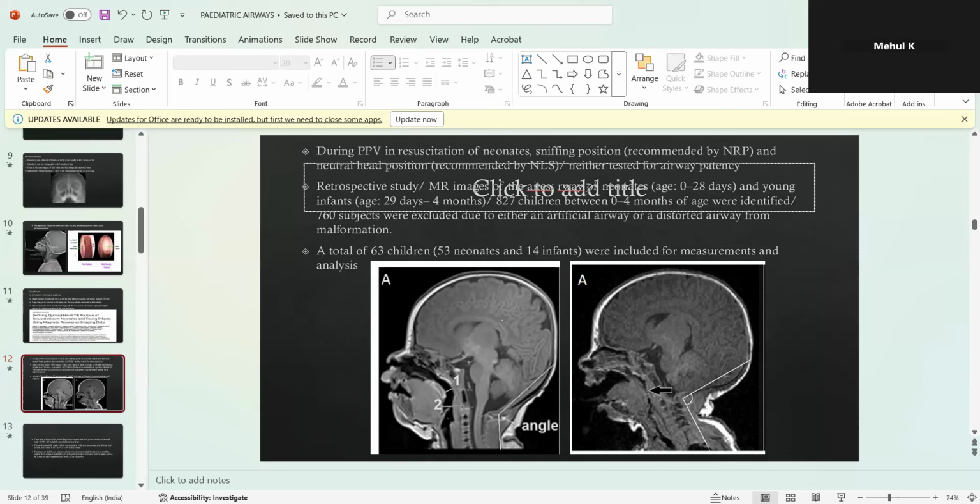They excluded the patients with artificial airways or distorted airways from surgeries or congenital anomalies. They were left with 63 children, which is not very much. It's not a very high powered study. But still, it provides us some evidence as to what angle of extension will help you maintain airway patency. As you can see here, the airway is patent in the first image, it is not in the second image.